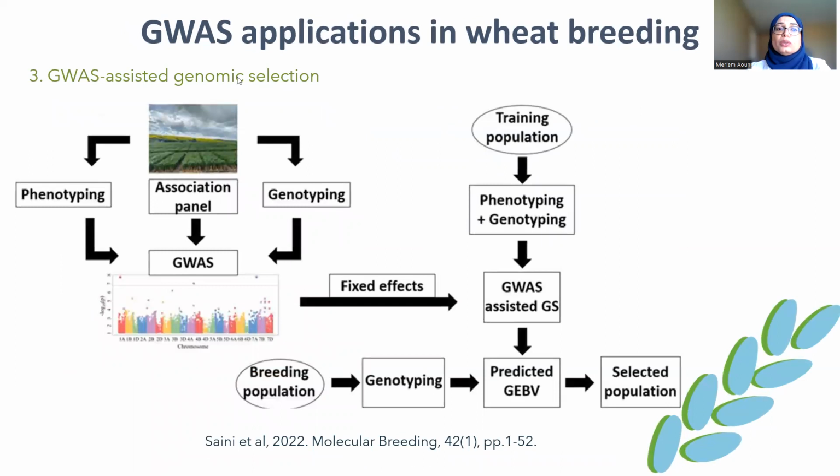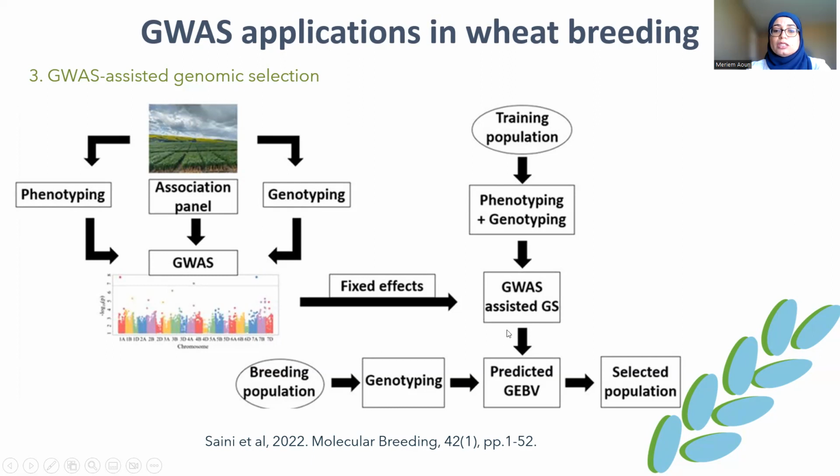GWAS was also used to assist genomic selection. I believe that in this course you had a lecture related to the application of genomic selection in wheat. So briefly, you have a training population that is phenotyped and genotyped, and that will be used to develop your genomic selection model. And then your breeding population that was only genotyped.